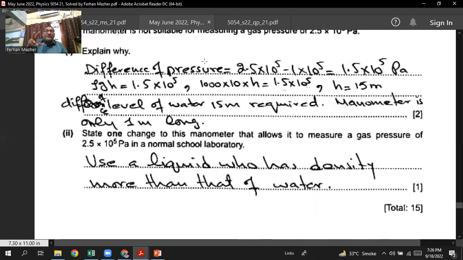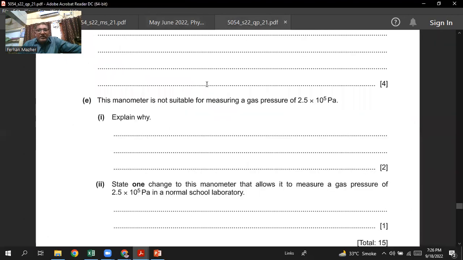To show this difference of the pressure between the atmosphere and the gas, the level of the water required is 15 meter. Your manometer is only 1 meter, so you cannot use this manometer. Difference of level of water of 15 meter is required. The manometer is only 1 meter long, so you cannot use this manometer for this large pressure of the gas.